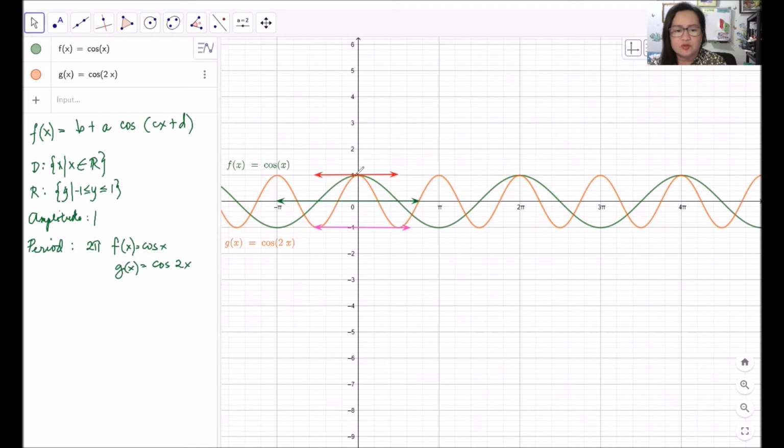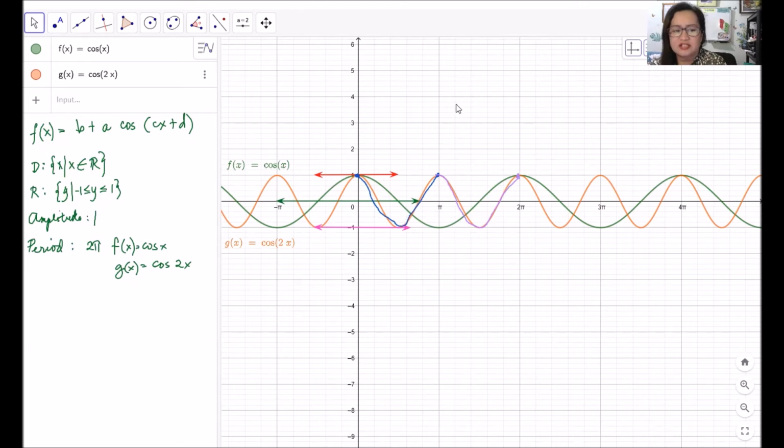From 0 to 2 pi, g of x will have how many complete cycles? Let's see. So we trace going down, then up, we have 1 complete cycle. Then we have another from pi. Let's trace. Okay, this is another complete cycle.